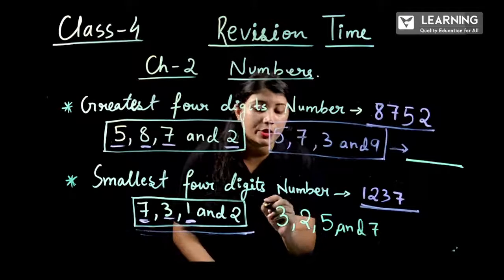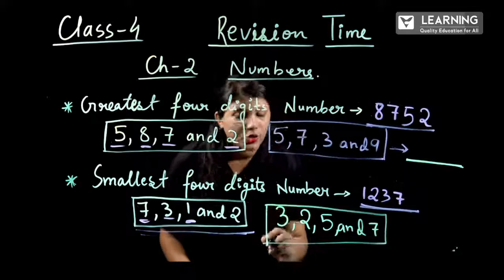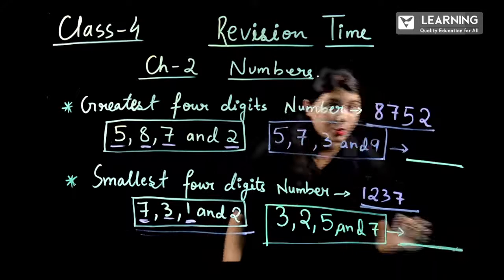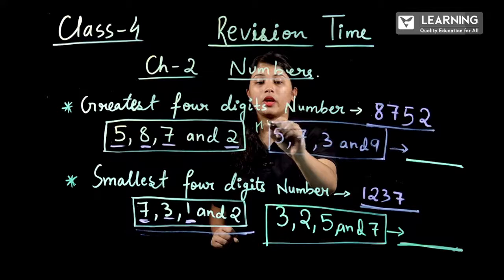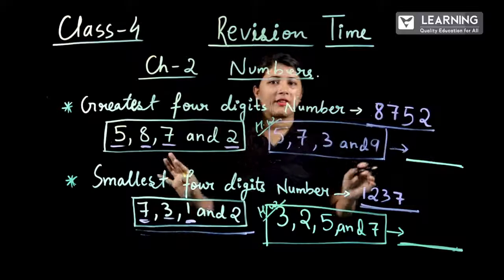So this is the question. You have to convert this into the smallest number sequence. Pick out this small number from here. This is your homework, or you can do it in your copy now itself.